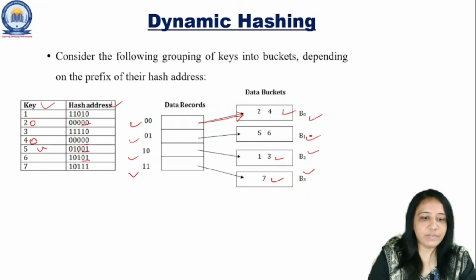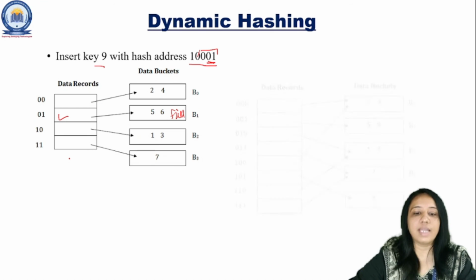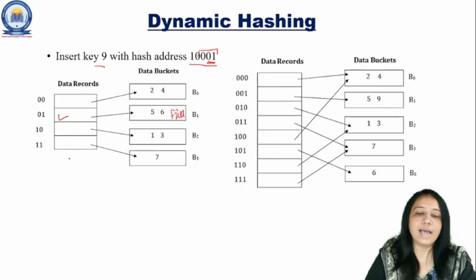For 5 it is 001, which is the same as 9. And 6 has 101 as its last three digits. So 5 and 9 have the same last three digits, and they will be stored in the same bucket.